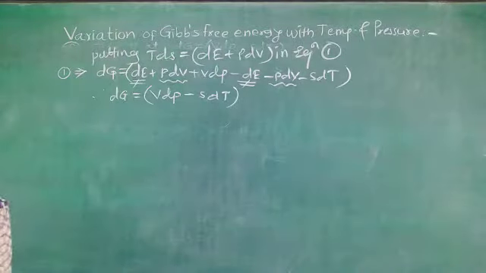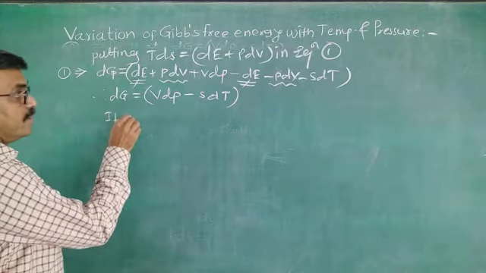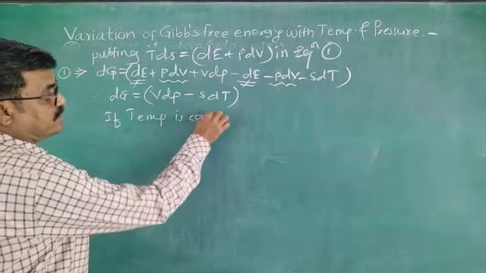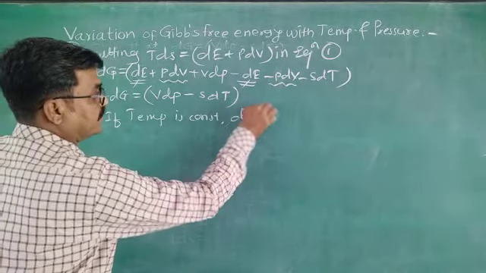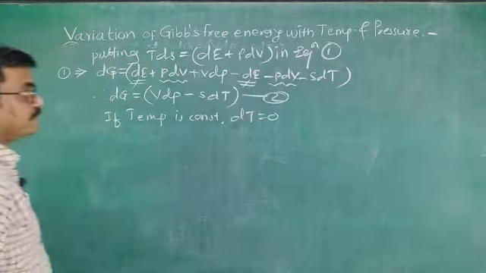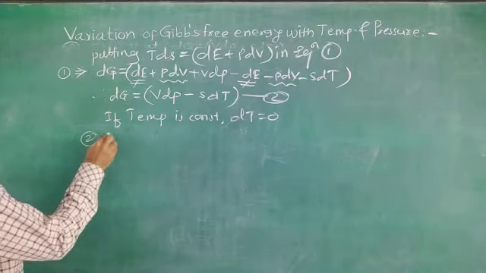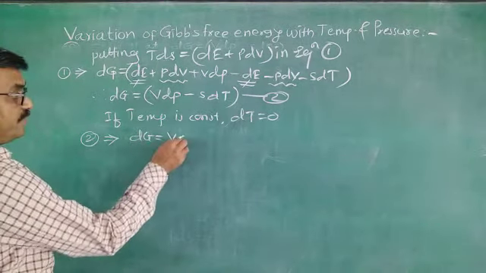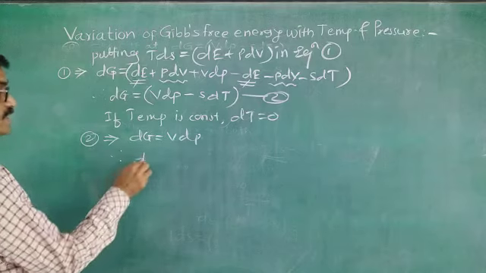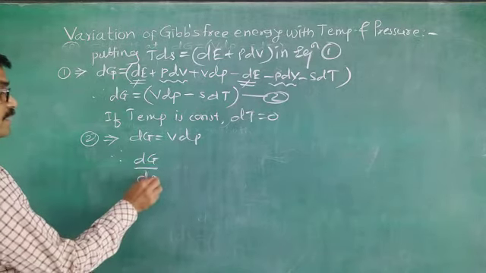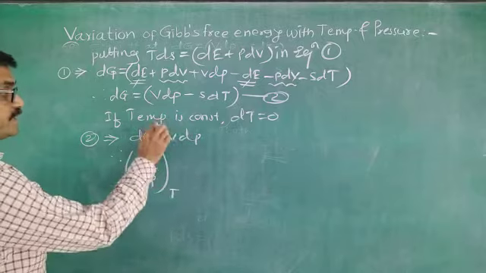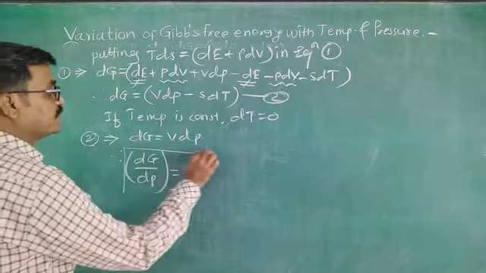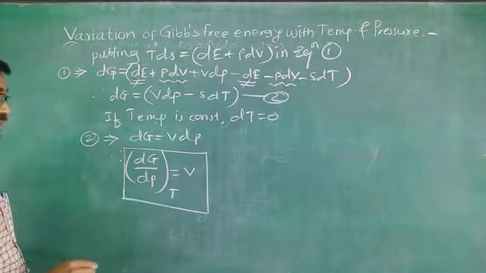Now further, if temperature is constant, T constant, dT is 0. That's why equation 2 implies dG equals VdP, since the dT term becomes 0. Hence dG upon dP at constant temperature is equal to V. This is our required expression.